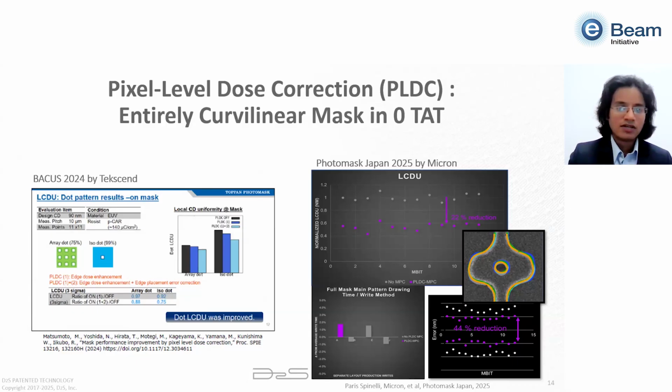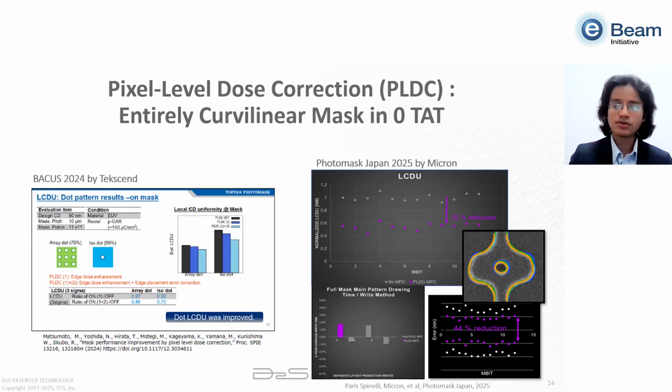This one, it actually studies a dot array, and it sees that with PLDC, the LCDU, that is the local critical dimension uniformity, actually improves when you have PLDC on. On the right side, there is a paper by Micron, which also does similar studies on their own patterns. And they also found that LCDU got improved by more than 22%.